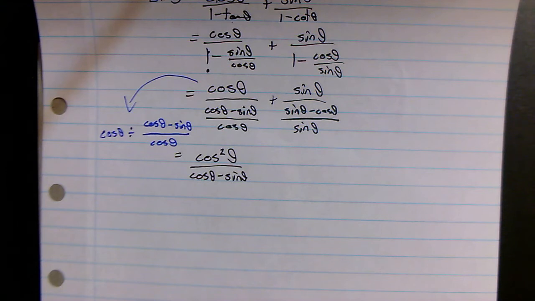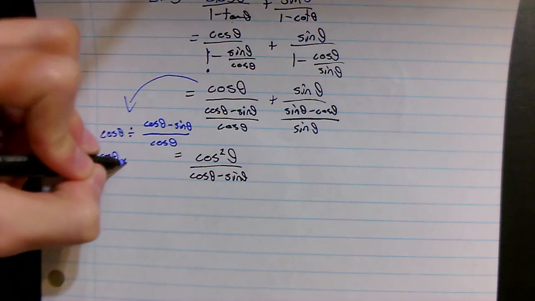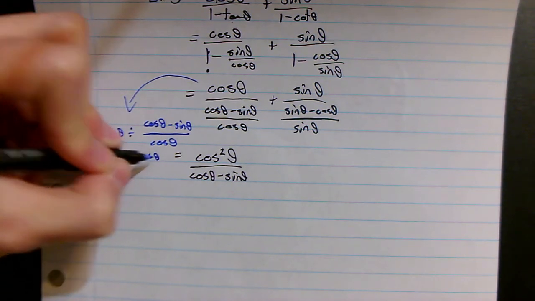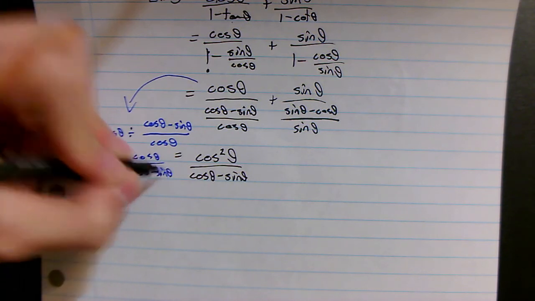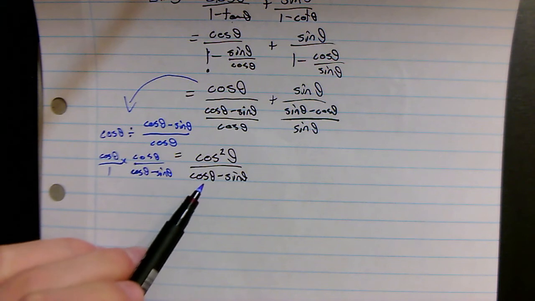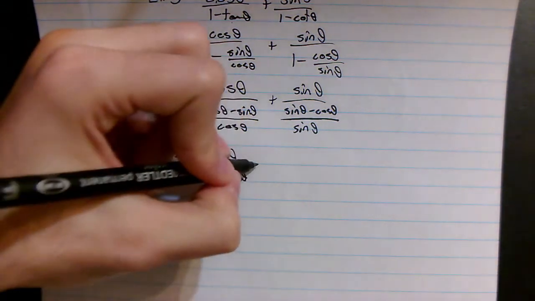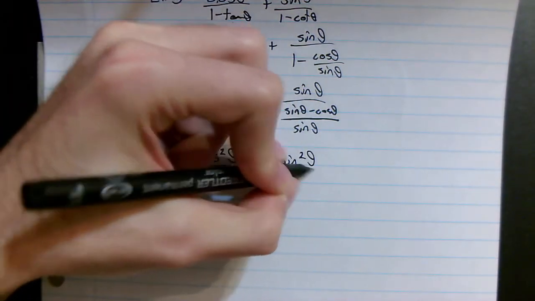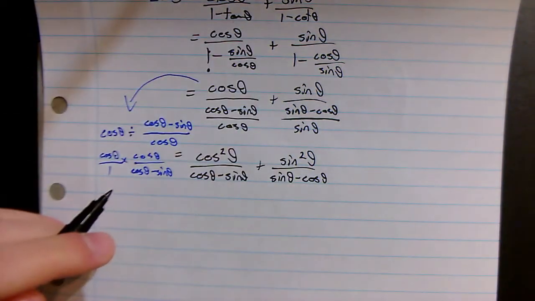That's cos theta times cos theta over cos theta minus sine theta, which is equal to that. By a similar argument, this fraction over here is sine squared theta over sine theta minus cos theta.